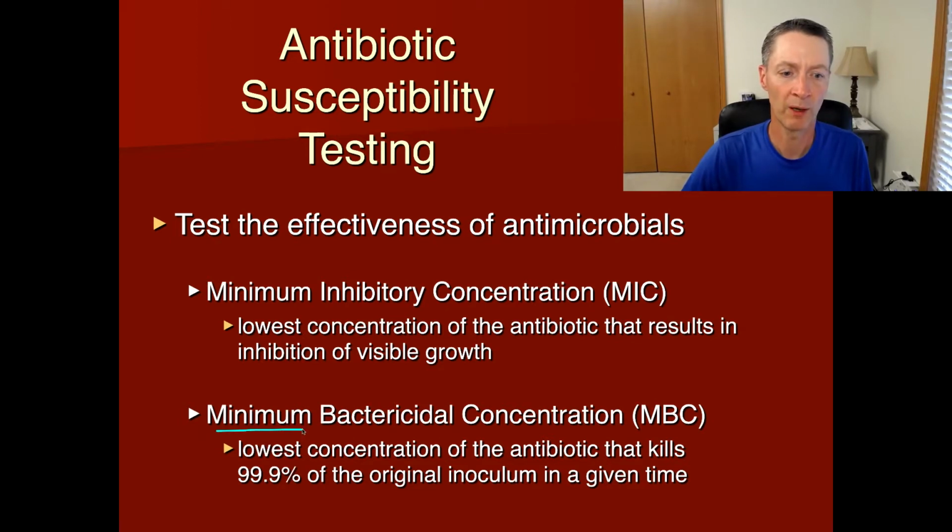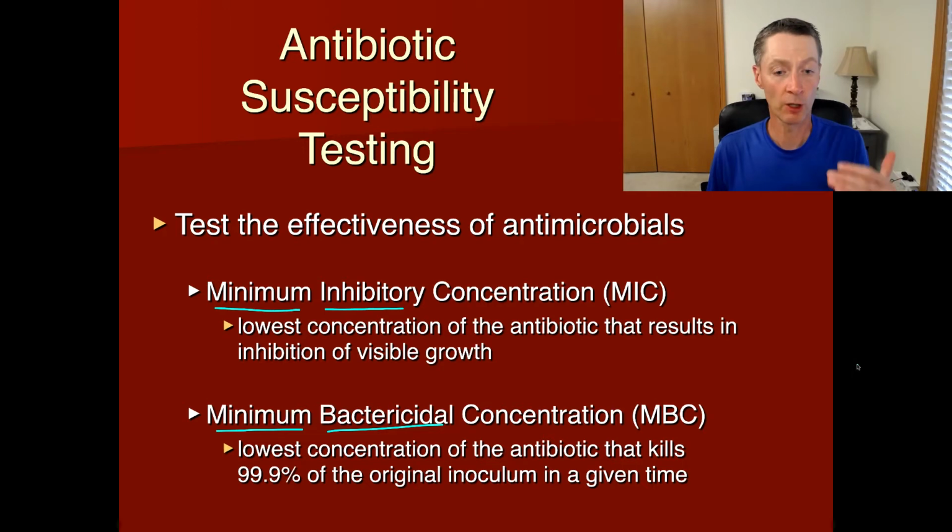Up here we also saw a minimum, but that was the inhibitory concentration, not the bactericidal concentration. So when I'm going for the minimum bactericidal concentration, I'm going for the lowest concentration of that drug that kills 99.9% of the original bacteria we put into that broth.